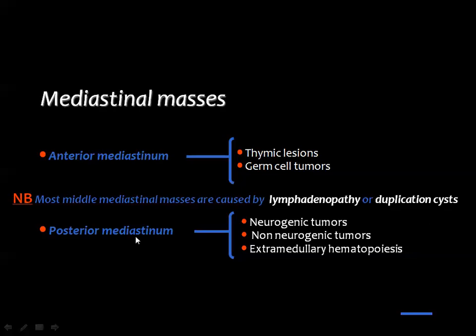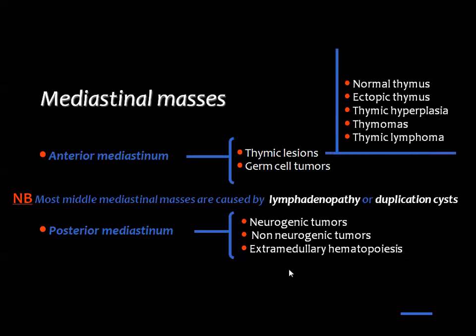Then the posterior mediastinum, you got neurogenic tumors, non-neurogenic tumors, and extramedullary hematopoiesis. And you know that each mediastinum, the anterior, middle, and posterior, should have cyst, hernia, and lymph nodes. Then, besides these lesions, you may have other specific lesions for each mediastinum.